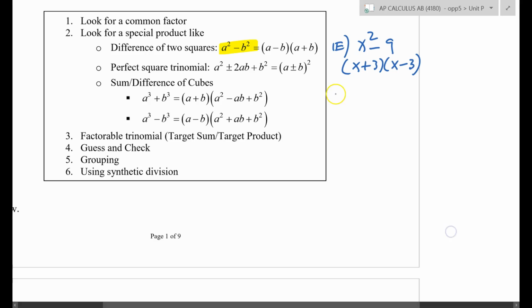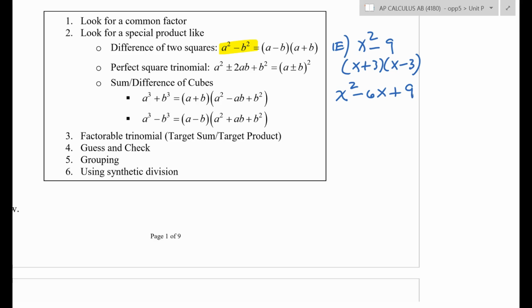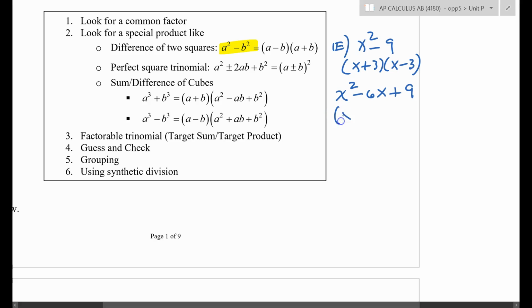Well, it's something like that. Now, if I asked you guys to factor that, you probably wouldn't think of that as one that you would memorize. But you could, because x minus 3 times x minus 3 gives you x minus 3 squared, and so this is what's known as a perfect squared trinomial.